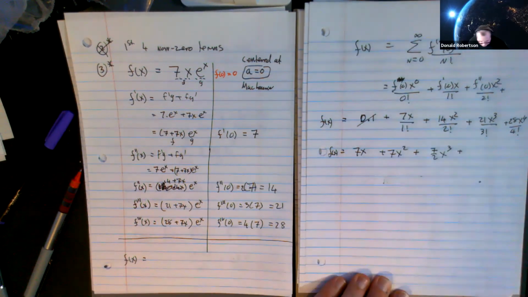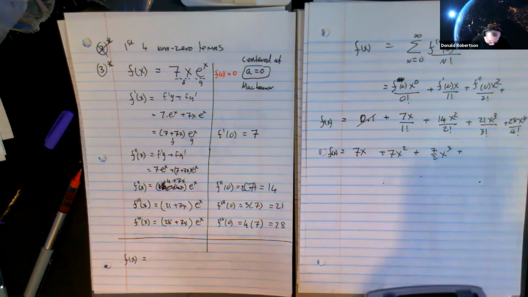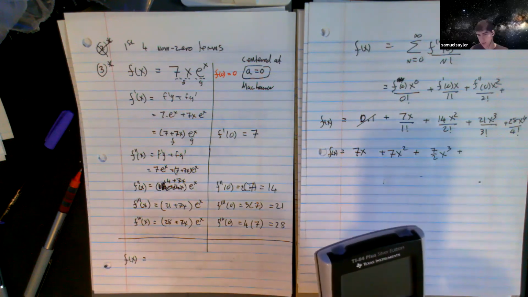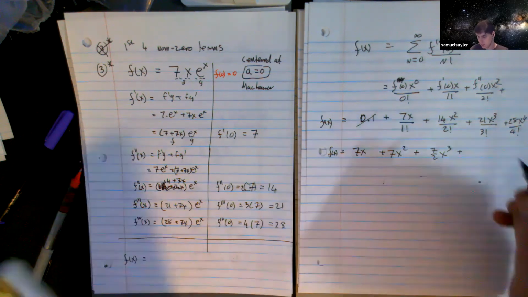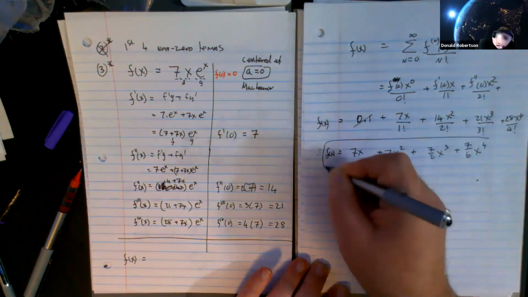And 4 factorial is 24, and 28 over 24 cancels down to 7/6. Okay, that's as good as it's going to go.